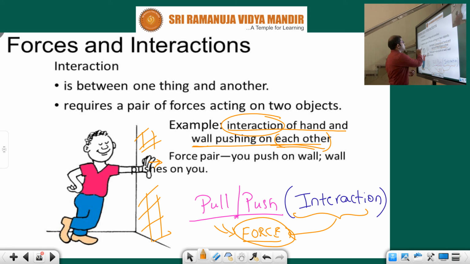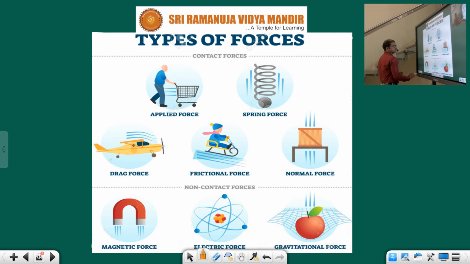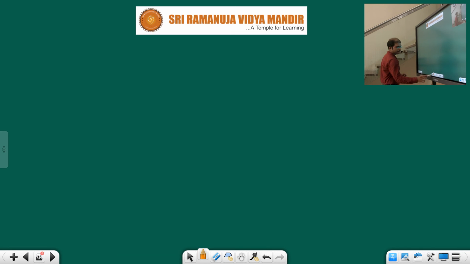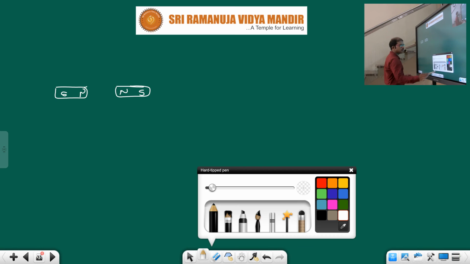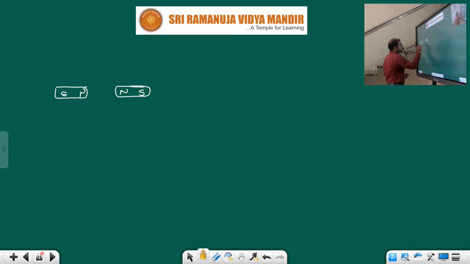So interaction between one thing and another requires a pair of forces acting on two objects. See children, suppose you take magnets: here north pole, here south pole, here north pole, here south pole. Two bar magnets in your hand. Suppose you want to move the second bar magnet.